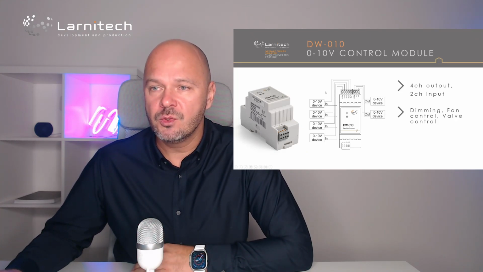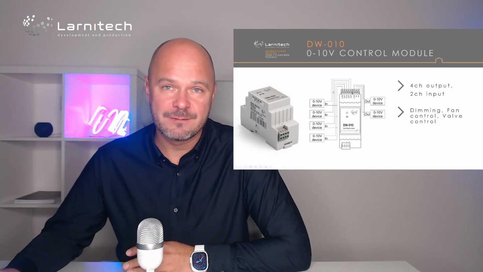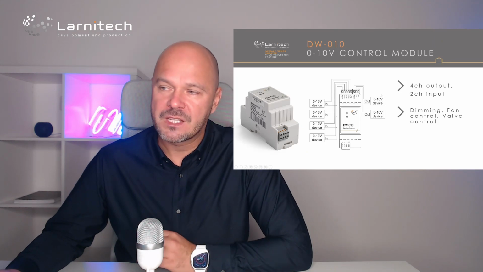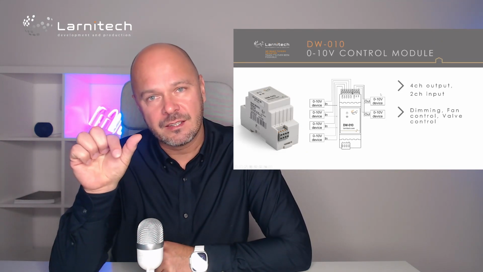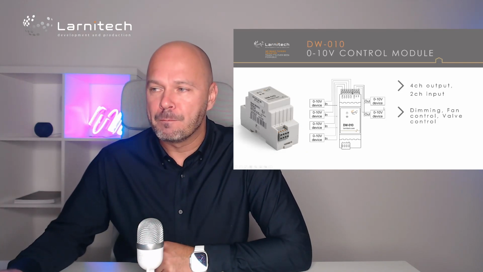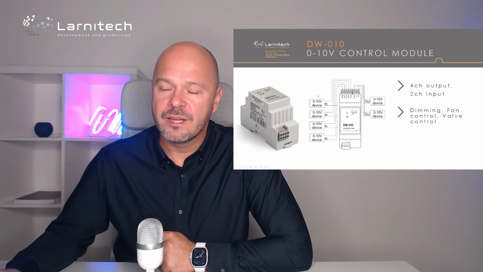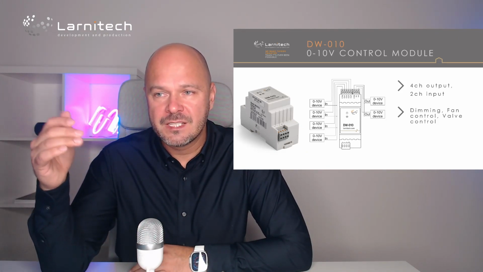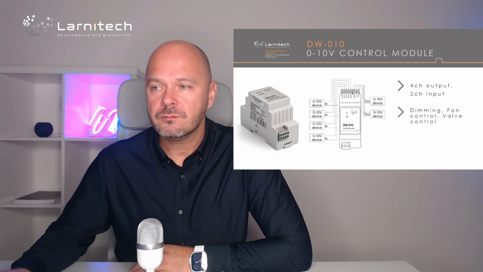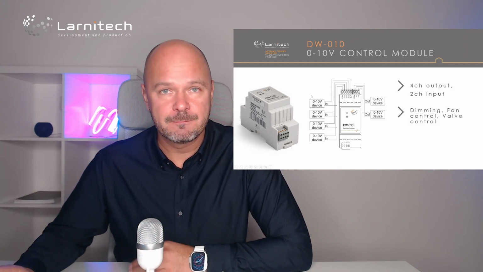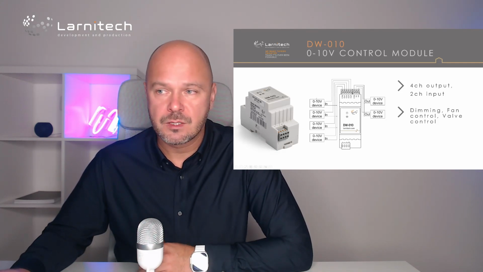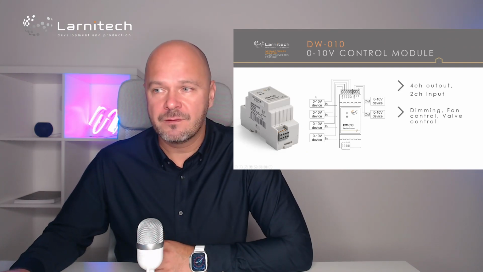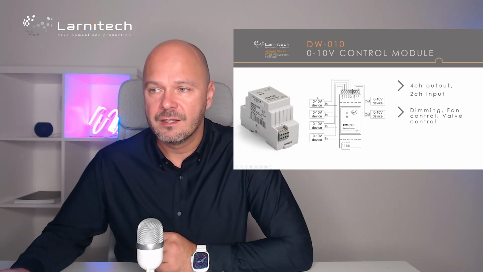So usually you use it to control lights, and you use special resistors and dimmers for the inputs, and for the outputs you connect it to external dimmers which dim some types of lights. But you can also use it for fans and fan coils. So if you want to control fans or maybe valves which have input for 0-10 volts, then you use these.